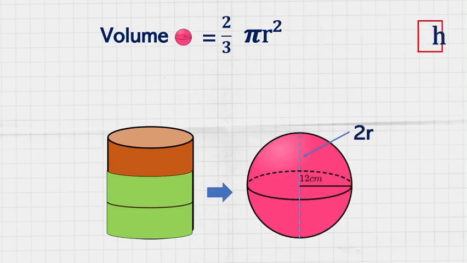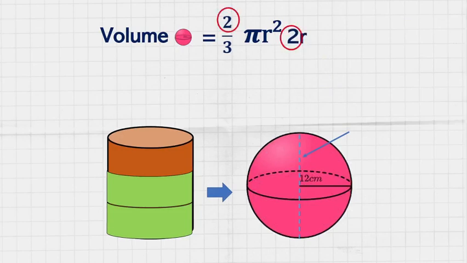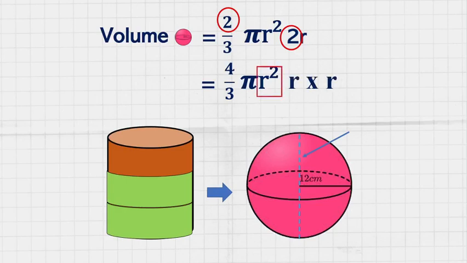We can simplify the formula by multiplying 2 and 2. So that makes us 4/3 pi r squared. But we still have 1 r left. So r squared is equal to r times r.